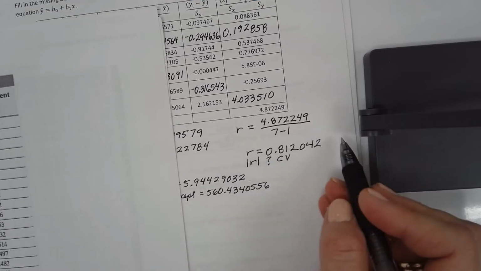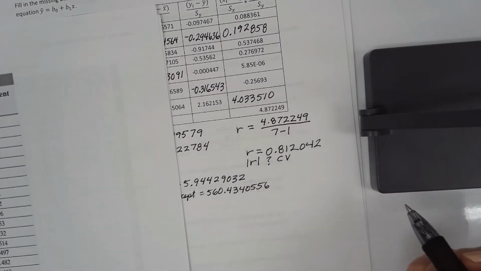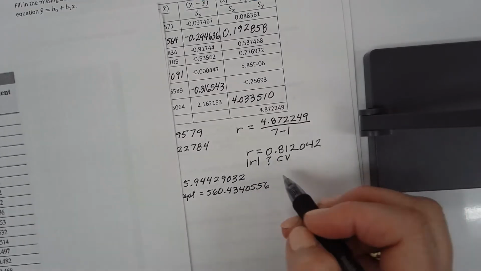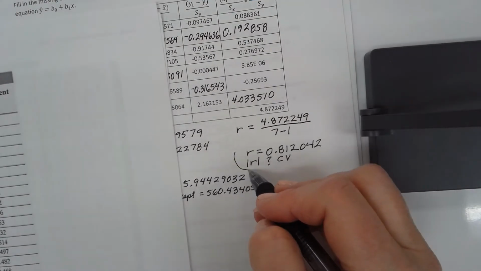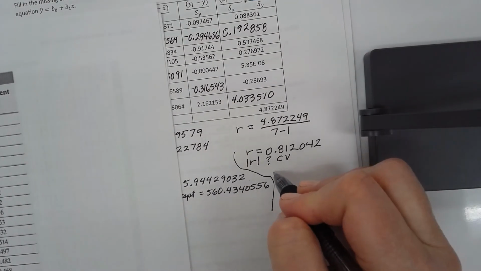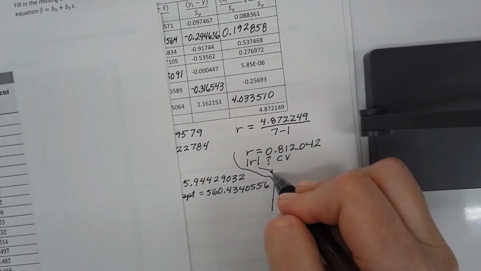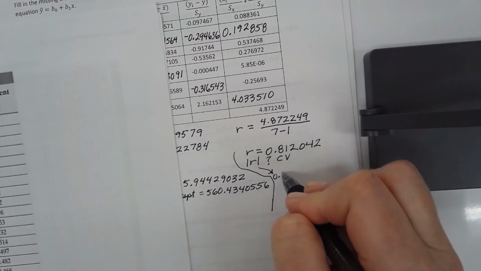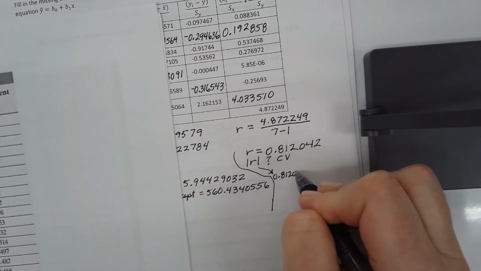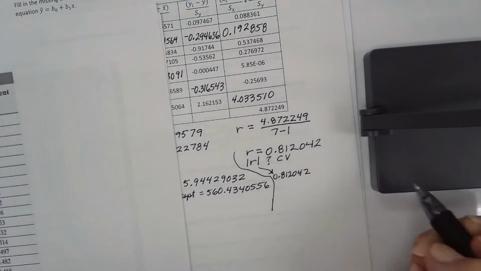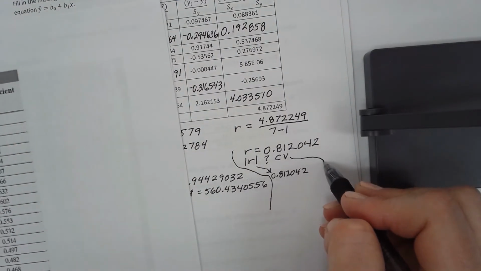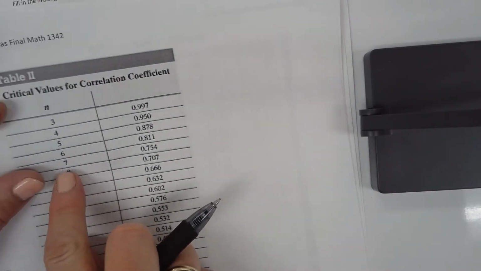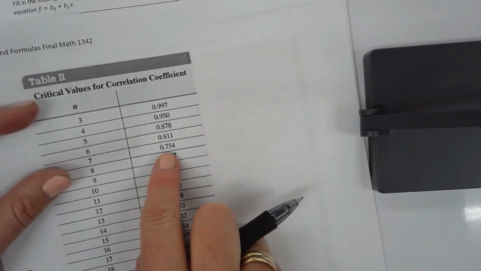If you take the absolute value, it just makes it positive, right? So it's the same. Okay? So that means the absolute value of R is 0.812042. The critical value we looked up on the table for 7 is 0.754.